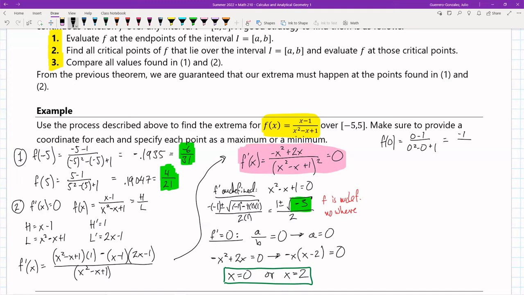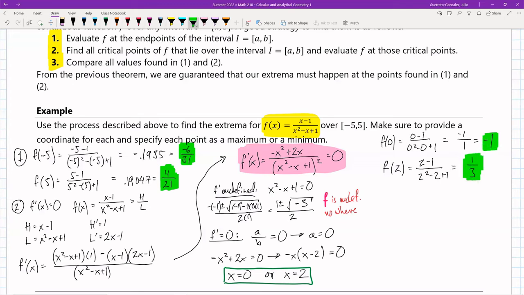That is going to be minus 1 over 1, which is negative 1. f of 2 is equal to 2 minus 1 over 2 squared minus 2 plus 1, and that's going to be 1/3. Before I mess everything up here, I'm going to highlight these values.